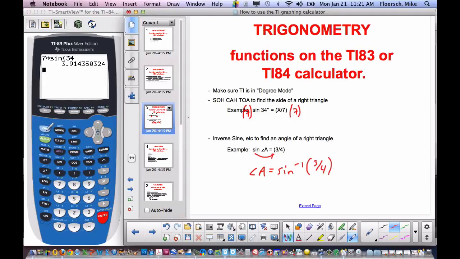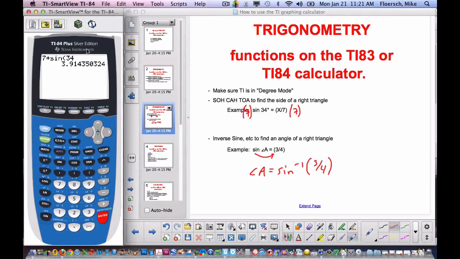So on my calculator I would do second sine, which gives me the sine inverse, 3 divided by 4, or you can just type in 0.75 if you knew that. Close the parentheses, hit enter. That angle is going to be 48.59 degrees. Just make sure your calculator is in degree mode before you work with sine, cosine, tangents, or these keys right here.